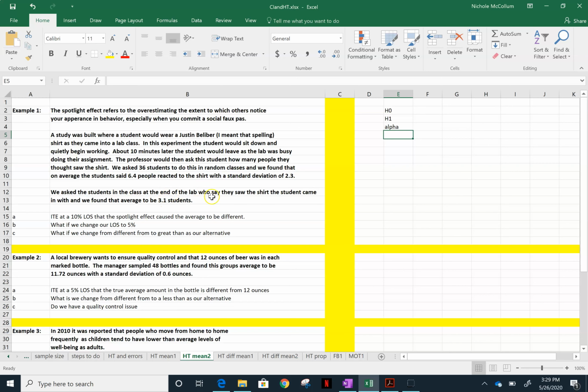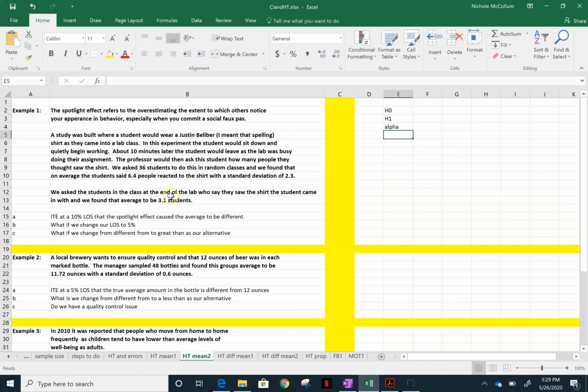That is the classroom. About 3.1 students recognize it. The students would be the sample. The students that actually did the procedure, wore the shirt, would be our sample. So we're looking at the national, quote unquote, average, which in this case would be the class average, versus the sample of students that walked in and left from the labs with this very special shirt on.